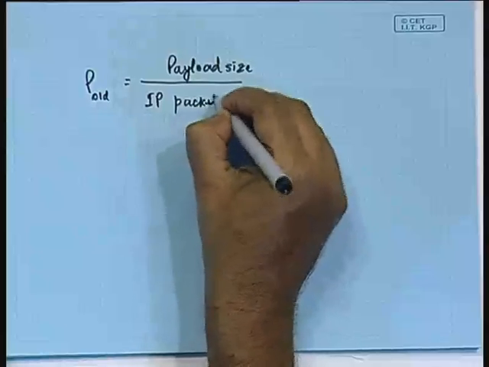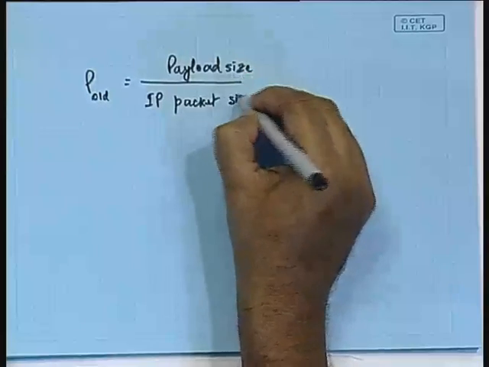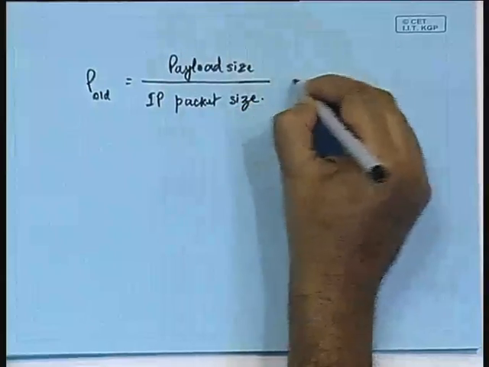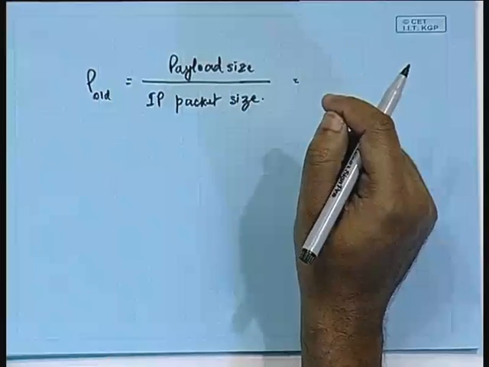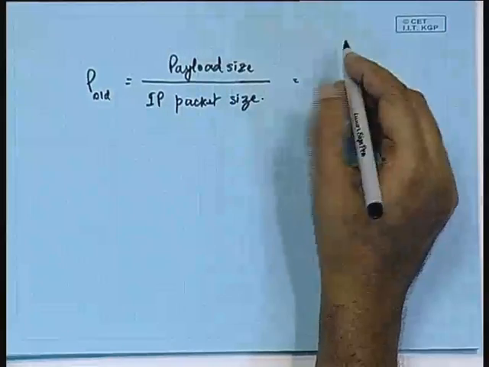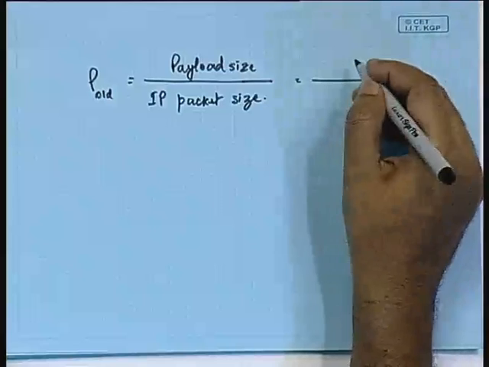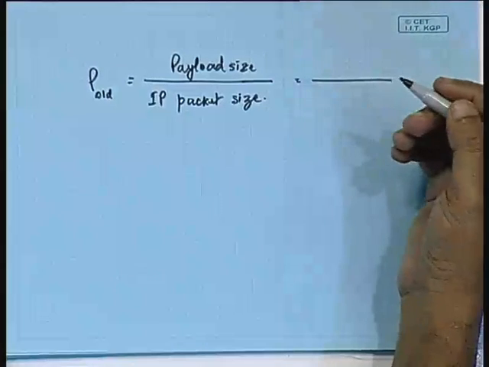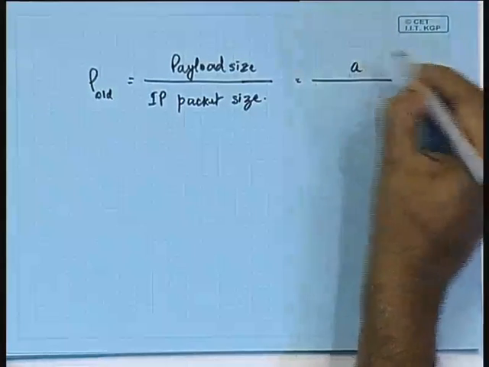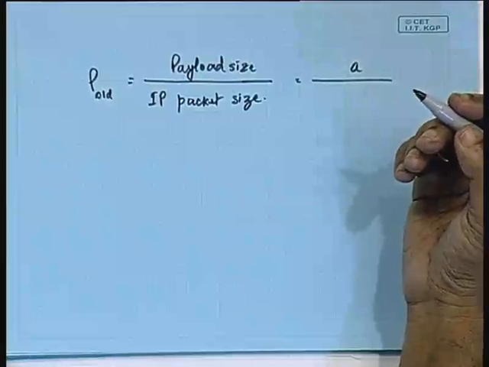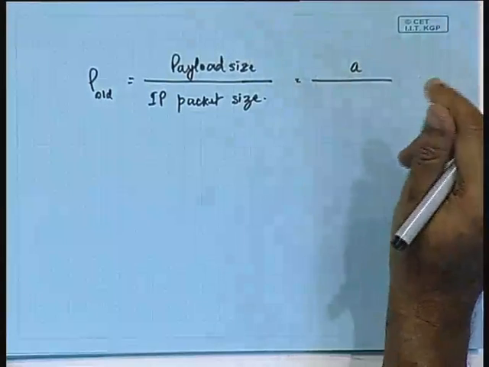When we are using the older methodology of non-multiplexing, the payload size is simply A, because all the individual channels are sent individually.